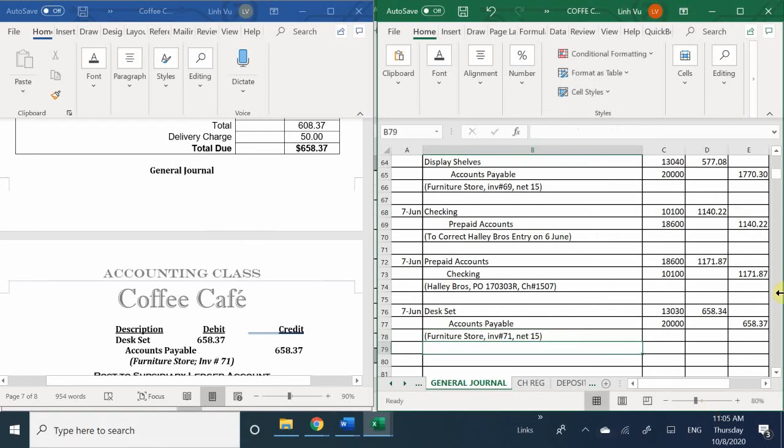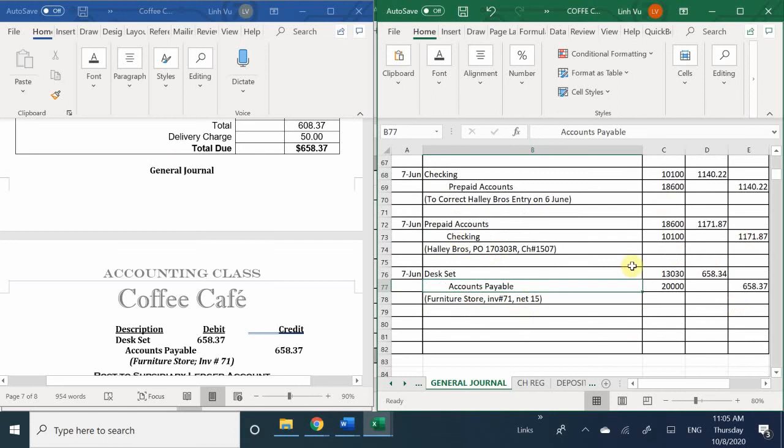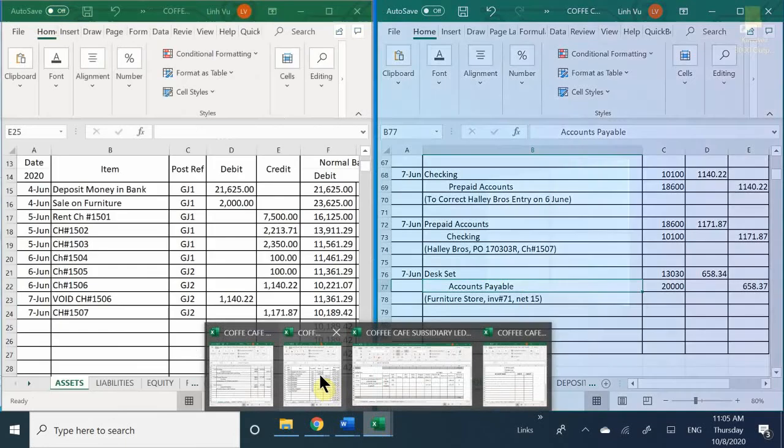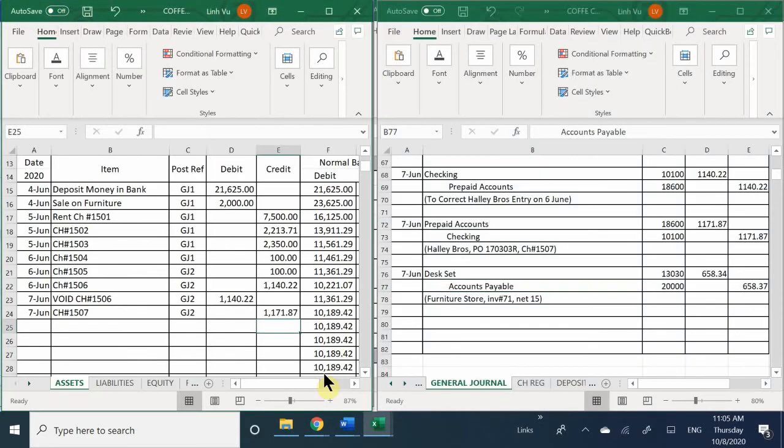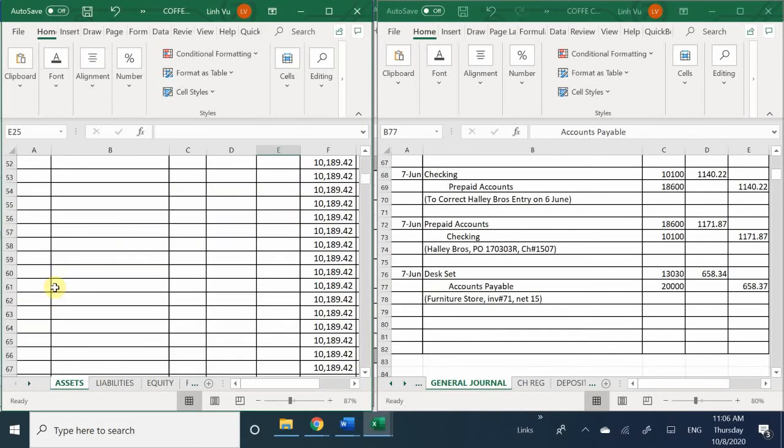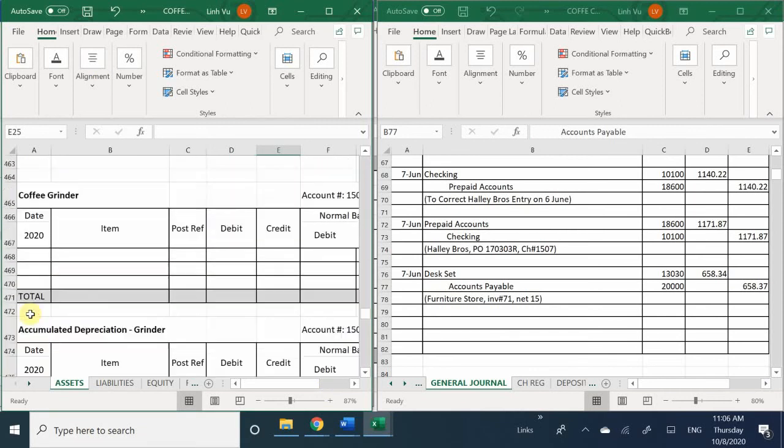All right. Before we think about that, that's for the subsidiary ledger. So now that I've indicated all of this, I've finished my journal completely. Now I'm going to go ahead and properly place it into my ledger. Okay. So my ledger, right? I'm going to go ahead and find my desk set.